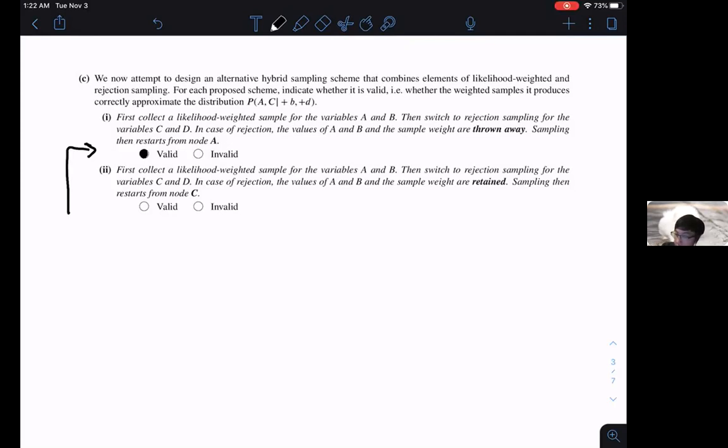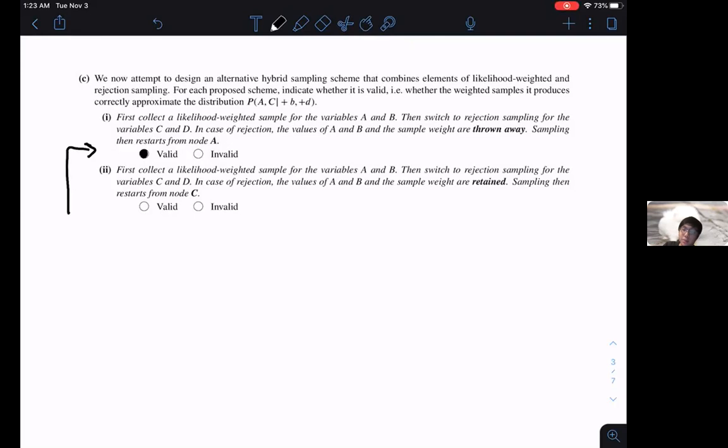And you can say that it's necessary that we must throw out the whole sample in its entirety. Because if you don't, you can get different cases where we no longer affect the values of the previous thing that we've sampled. For example, when we query the distribution for other variables and then only keep half of it, we no longer have the effect of the first thing that we sampled affecting the next thing that we're sampling.